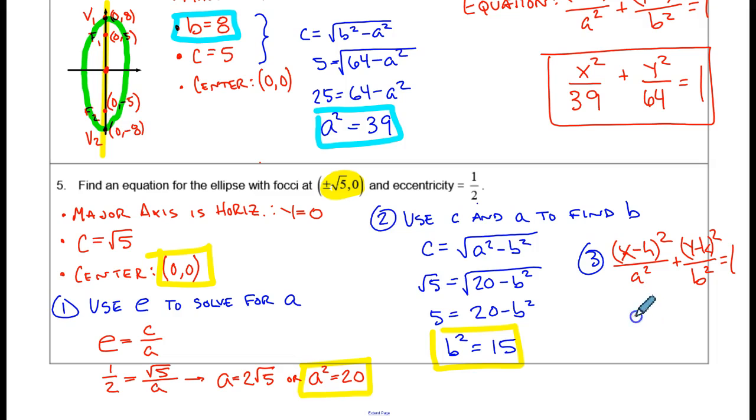So we have h comma k is 0, 0, so both numerators are going to be x squared and y squared. My a squared term is 20. My b squared term is 15, and this all has to add up to 1. There you go, folks. The final answer to the final example problem in the notes for section 7.4, ellipses.